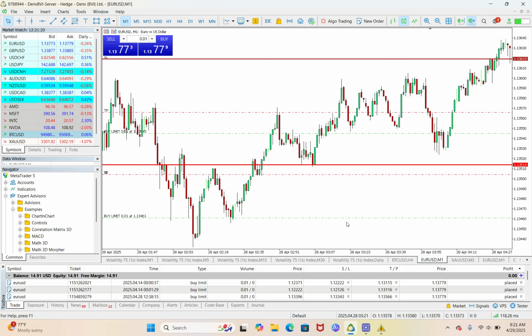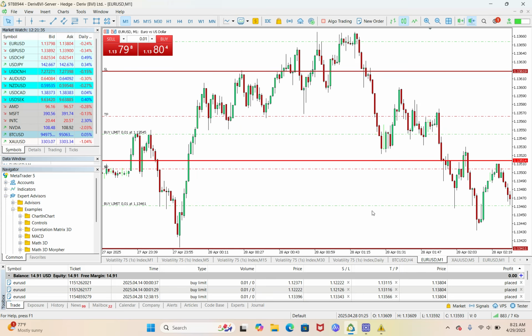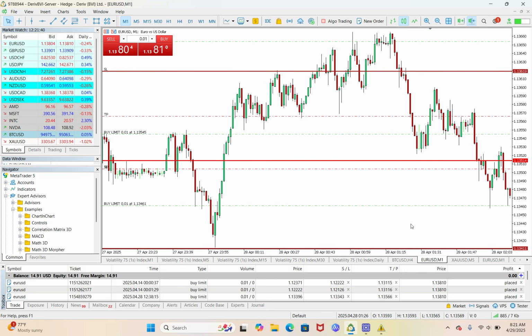But trading is a probability game, okay? Trading is a probability game. So what you have to do is tip the scale in your favor as much as possible.